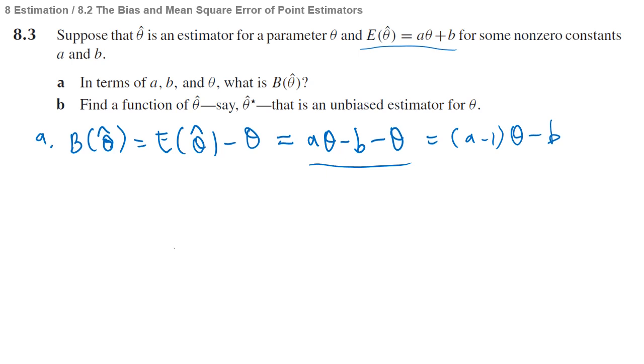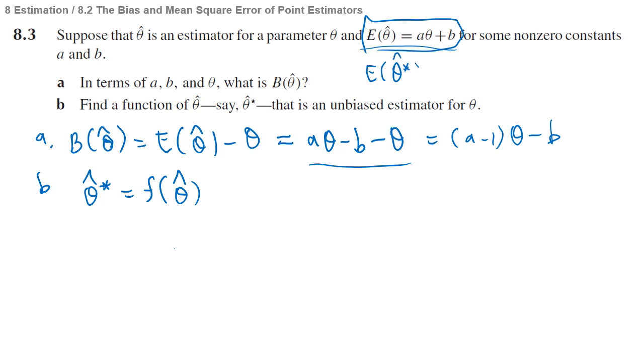Okay, and what is b? Find a function of theta hat. Say theta star is a function of theta hat, and we want this to be an unbiased estimator. What we want is the expected value of theta star to equal theta.